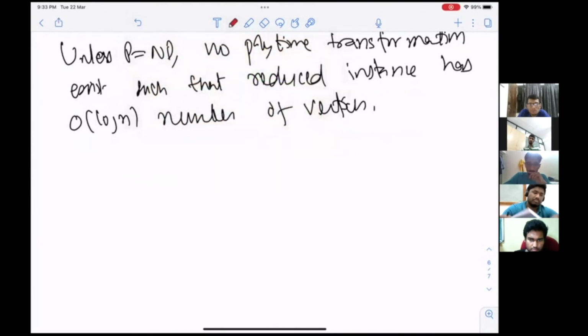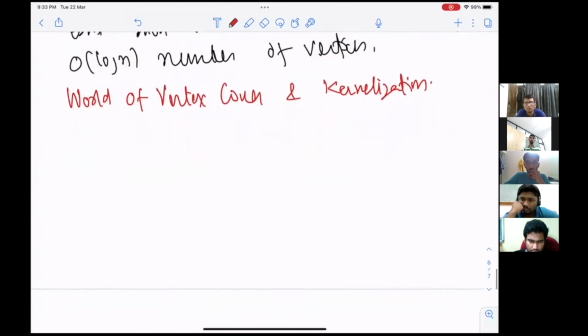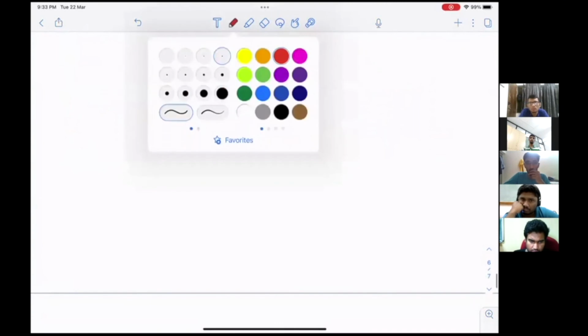Let's consider the world of vertex cover and polytime transformation. From now onwards, I'm going to call this whole thing kernelization. This is not exactly kernelization, but almost kernelization. So let's stick to it.